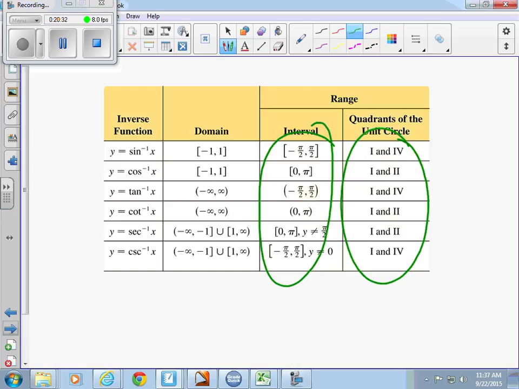The reason would be the person who did the restrictions would have probably said quadrant 3 is a little harder to get to than 1 and 2 or 1 and 4. If you think about graphing it and all those things, staying close to the origin is nice.